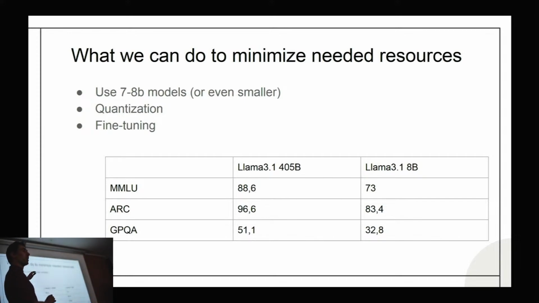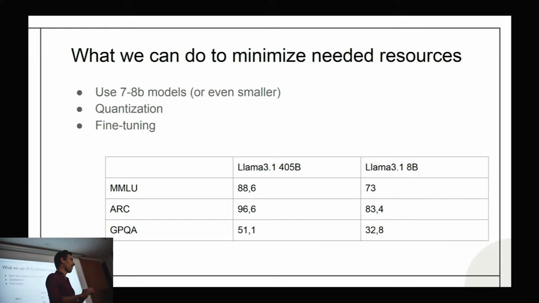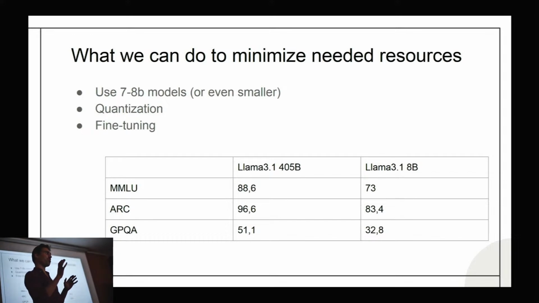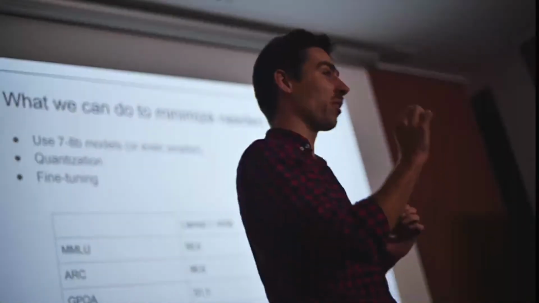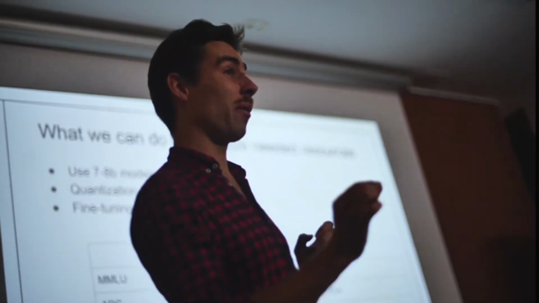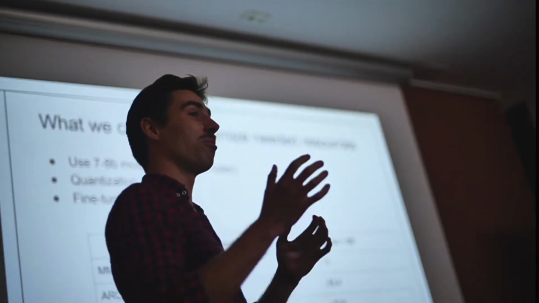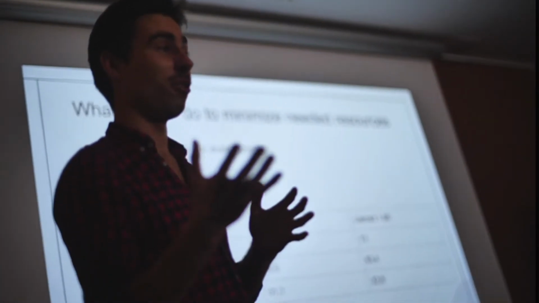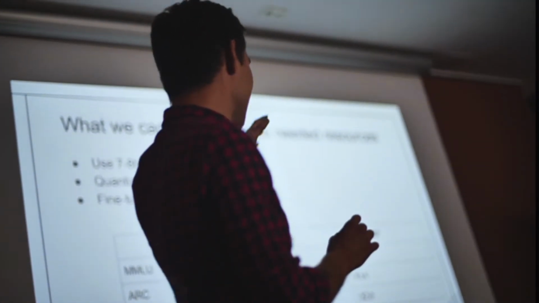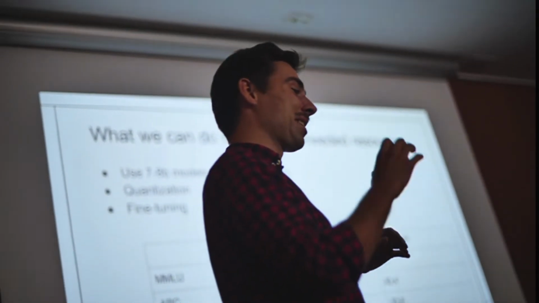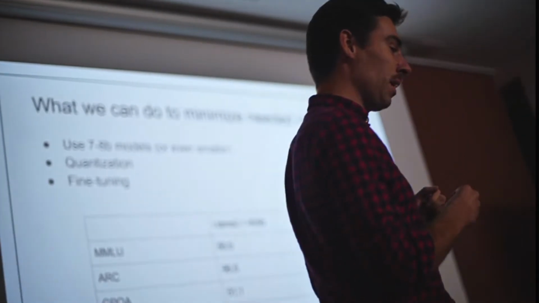The second thing we're doing is quantization. Quantization, as was said earlier, is the maneuver allowing us to reduce the size of every parameter inside of our model. For example, by default, each of the 8 billion parameters had a size of 16 bits.